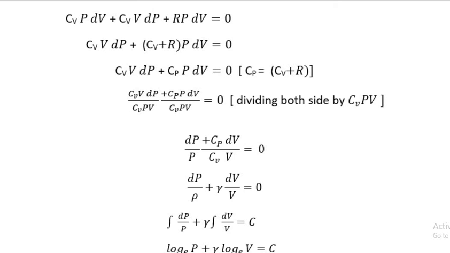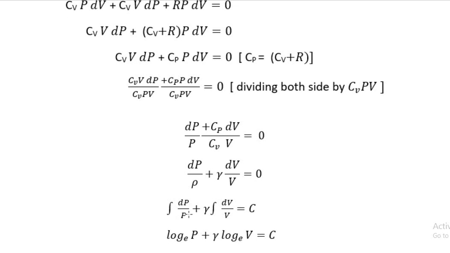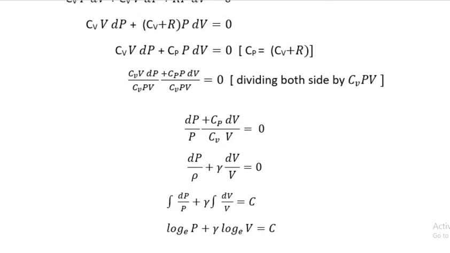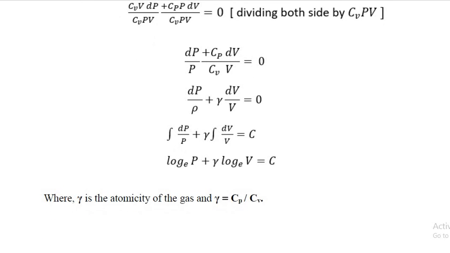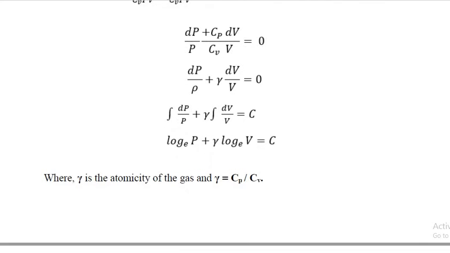Now upon integrating, we get integral dP by P plus gamma into integral dV by V equal to a constant. So after integrating, we get log to the base e P plus gamma log to the base e V equal to constant C, where gamma is the atomicity of the gas and gamma is equal to Cp by Cv.